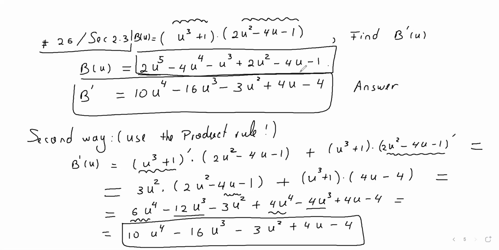All right, folks, now I invite you, there's a couple more problems like this. Number 27 is very similar to the one we just did, except that there's an extra twist, and I'm going to do that.